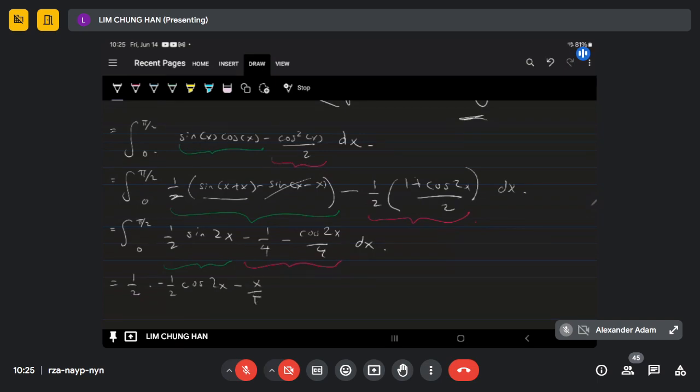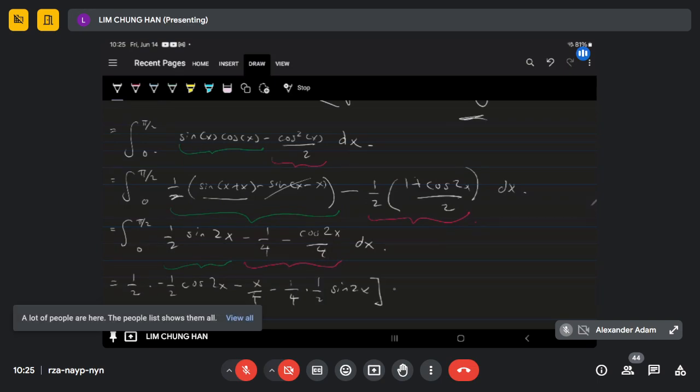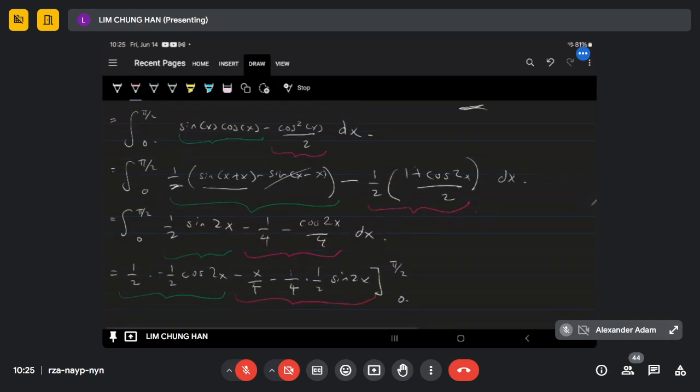Well, x over 4 minus the 1/4 I take out. I integrate this, I should get half sine 2x. And then the limits are pi over 2 and 0. Again, I'll do the color for you. This is the green. This is the red.